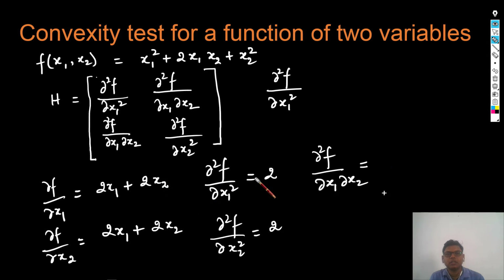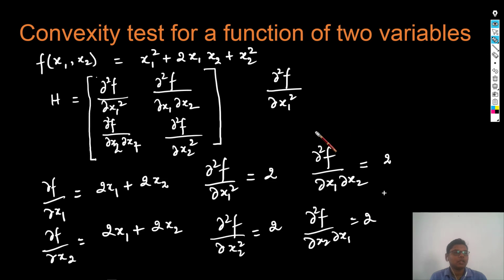So it will be 0 because there is no x2 term here, and this will be 2. If you differentiate this function with respect to x2 first, it will be del x2 del x1, which is actually the same, so both will be the same.